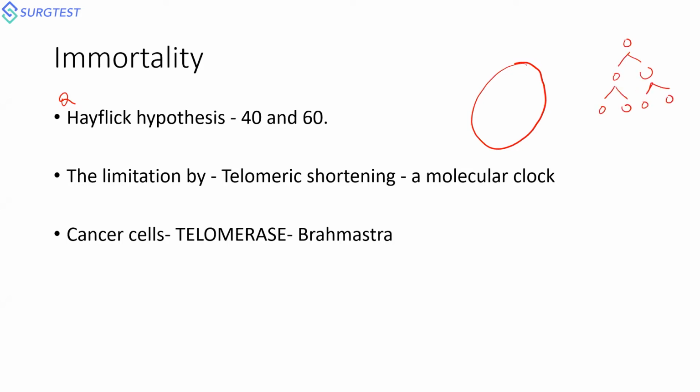This number of finite divisions is usually fixed, meaning there will be 40 to 60 divisions only for every mammalian tissue. Your human tissues, your mammalian tissues, everything will multiply only to a finite number. But when this finite becomes infinite multiplication, meaning the Hayflick hypothesis is disrupted, then you have the origin of malignancy or tumor cell proliferation.